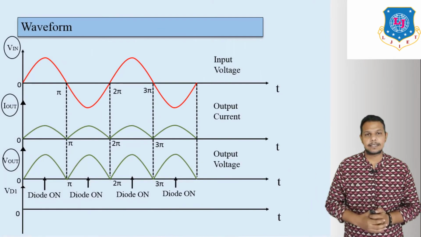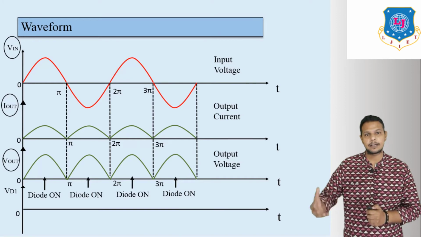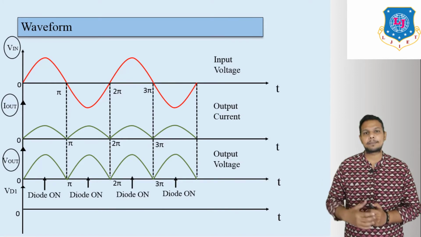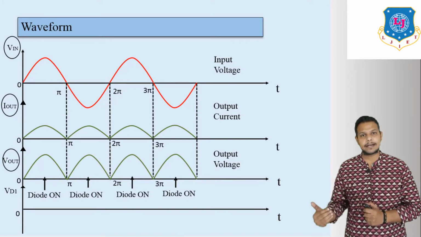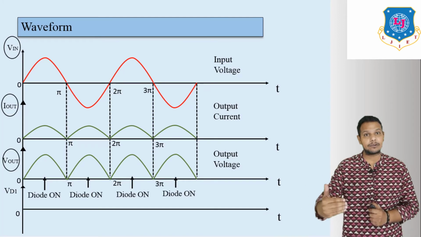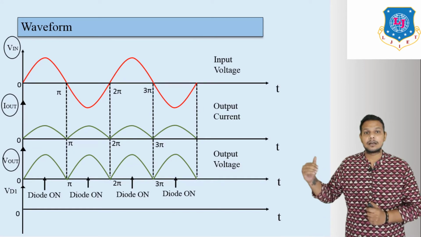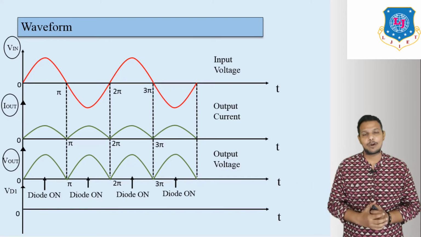Now these are the final 4 waveforms. As we discussed earlier, if we apply positive, then we get positive from the output side. If we apply negative from the input side, we get positive from the output side.